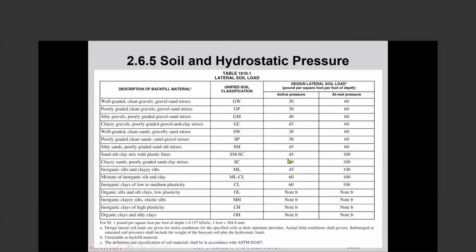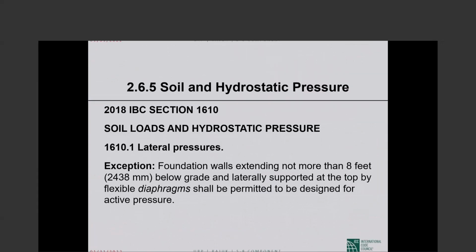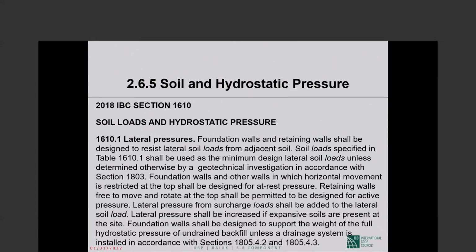Okay, the active values are lower, the at-rest values are higher, and this at-rest versus active is defined here as I read. Foundation walls and other walls in which horizontal movement is restricted at the top shall be designed for at-rest pressure. Retaining walls free to move and rotate at the top shall be permitted to be designed for the lower active pressures.